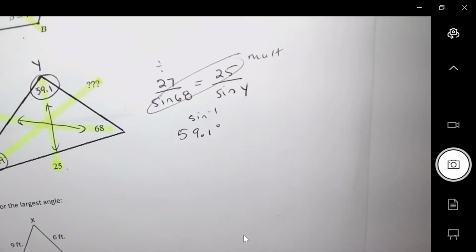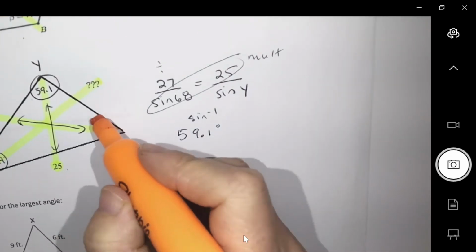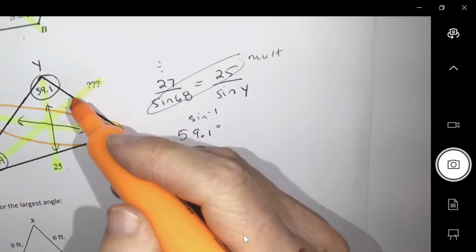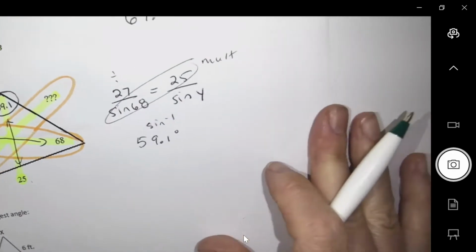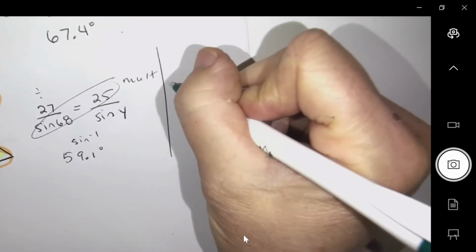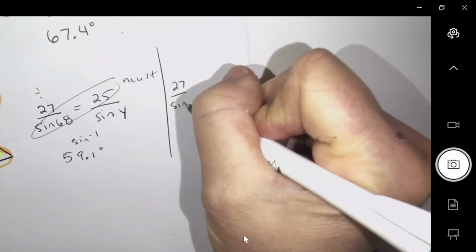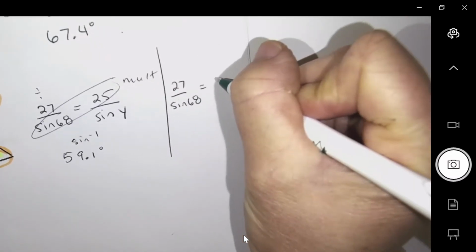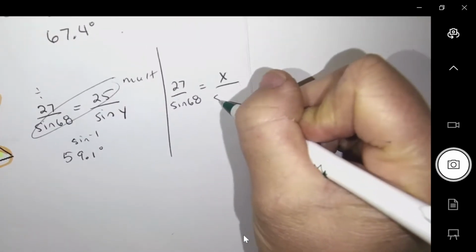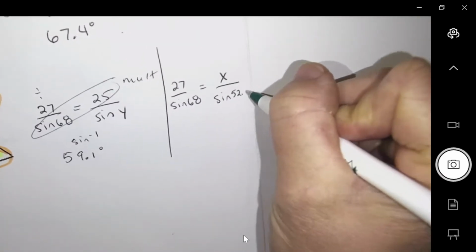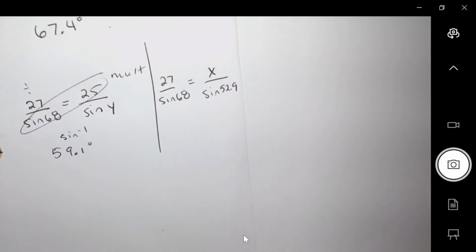Now I'm going to do another pair. I got to do this again. I'm going to go with this and this. So my orange pairs is the last step. I'm going to call it X. So there's the setup.